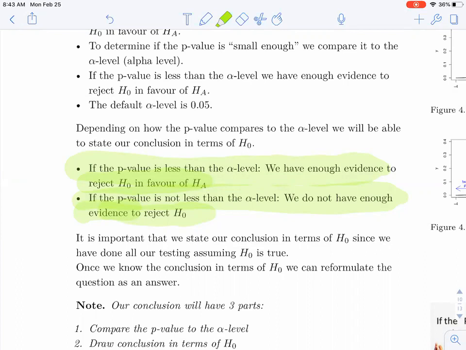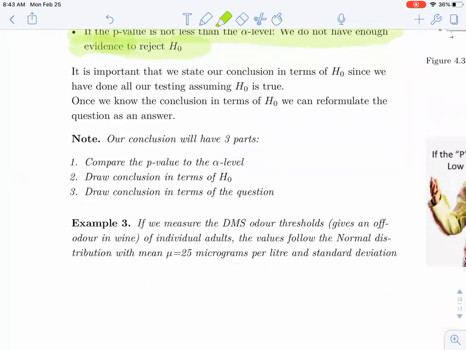Okay? So just to reiterate, your conclusion is going to have three parts. First thing you're going to do is take your p-value from the previous step, compare it to the alpha level. How does it compare? Is it less than the alpha level or is it not less than the alpha level?